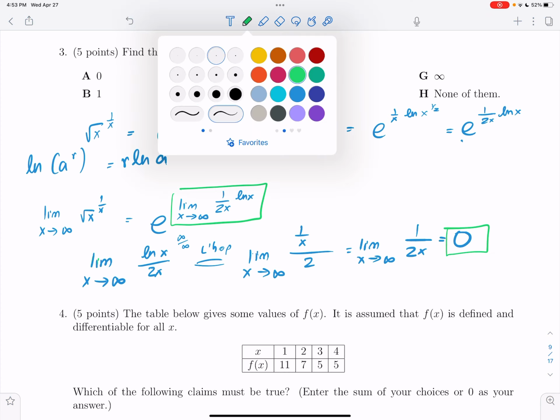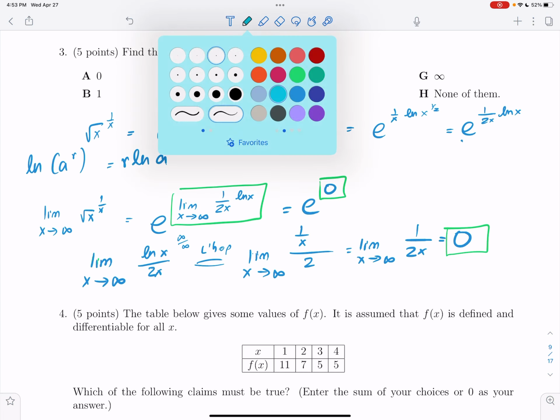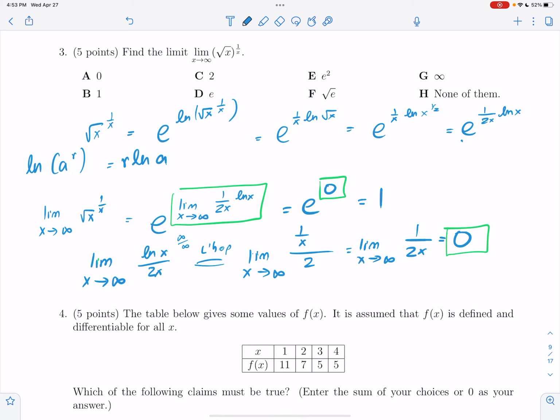And you're plugging that in here. And so the answer is 1. Okay, so that's the answer of the limit.